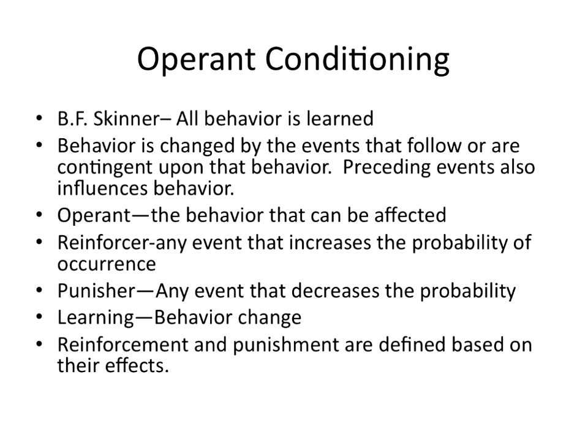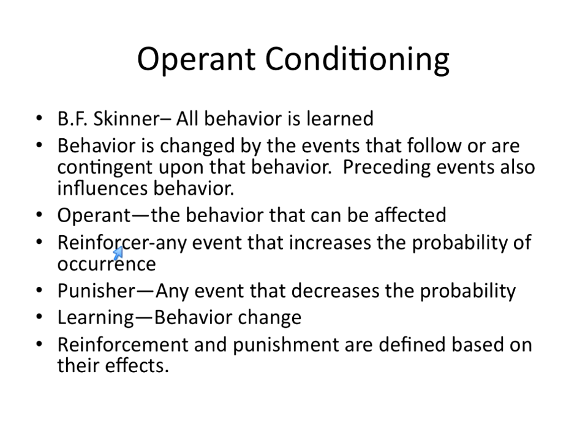Now, here are some words you need to know. Operant. Operant will be the behavior that can be affected. So operant conditioning, you're conditioning someone to behave in a certain way, to do a certain operant. A reinforcer is anything that increases the probability that the operant will occur, that the behavior that you want will occur.